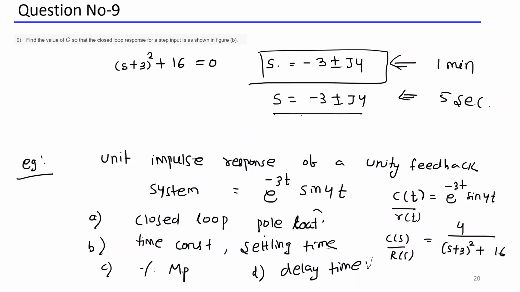For that, you need to know the nature of the poles. In minus 3 plus minus J4, the minus 3 is called the transient part, and the J part is called the damping, which always comes with this coefficient here, and this minus 3 is that coefficient here.